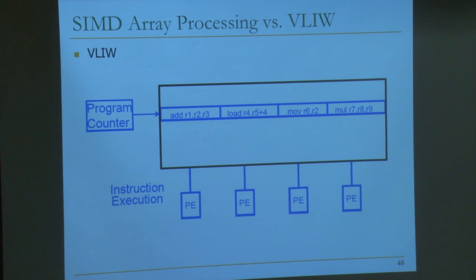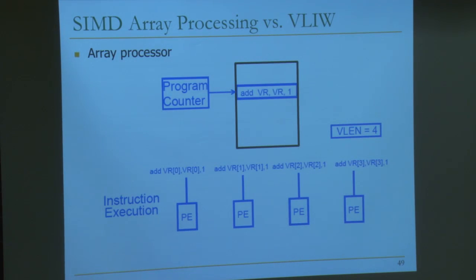Now, if we take this picture, a vector processor looks like this. An array processor looks like this. You have the program counter. You have one instruction, add, except it operates on a vector register that has a length of 4, which means that it operates on 4 data elements concurrently. Now you fetch that, and this is what happens.